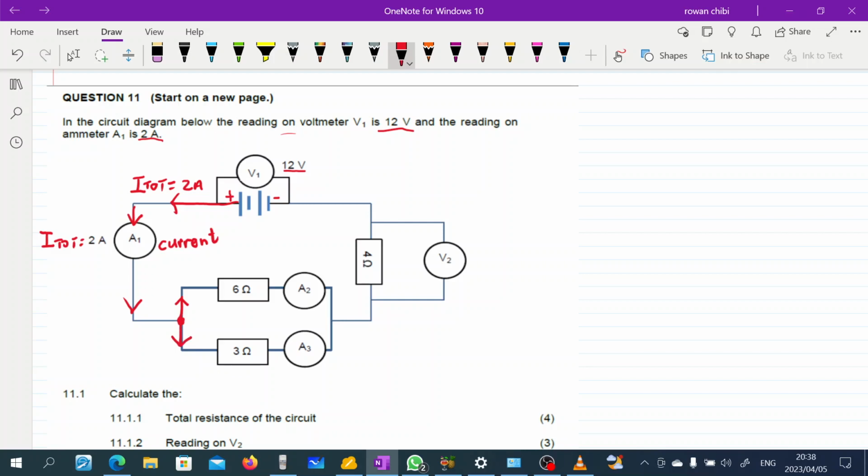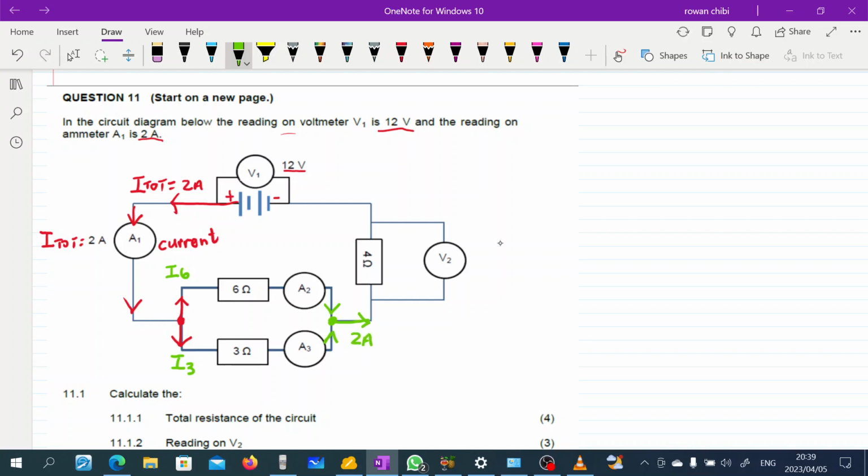I'm going to call the current that goes to the 6 ohm I6, and the current that goes to the 3 ohm I3. We don't know how much current goes to each. But at this point, that current meets again, and it comes out as 2 amps again.